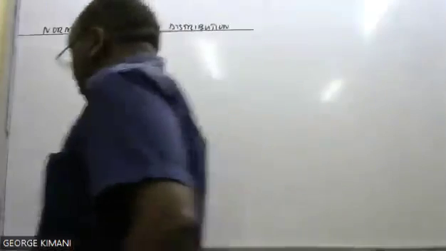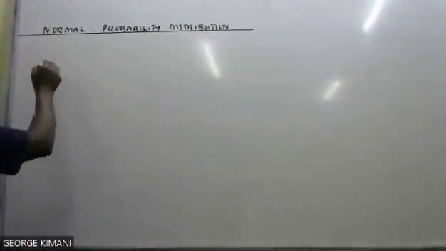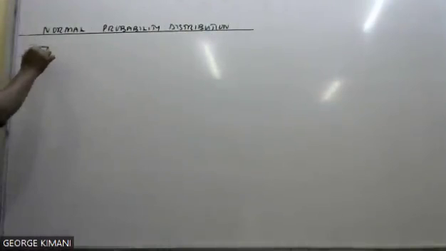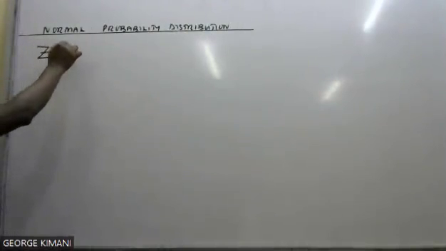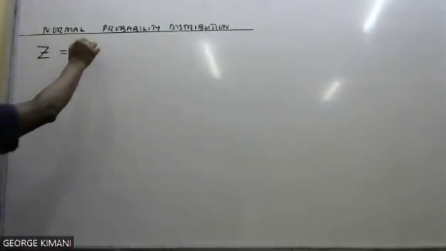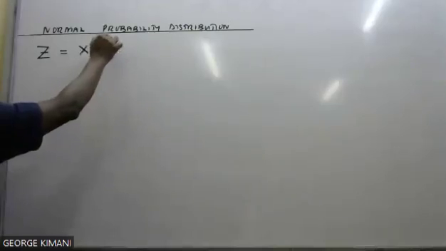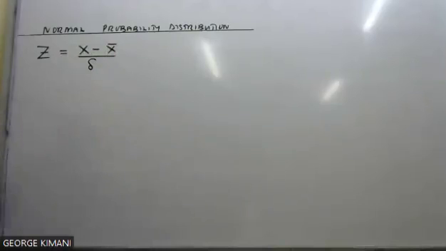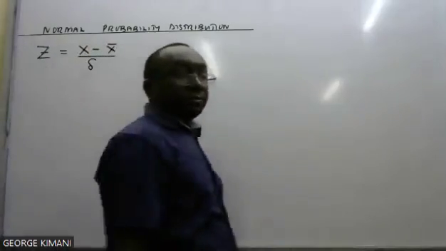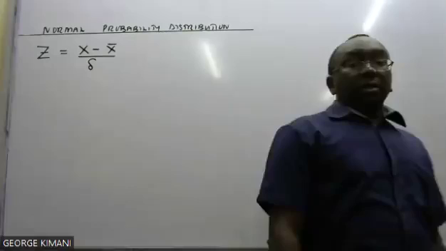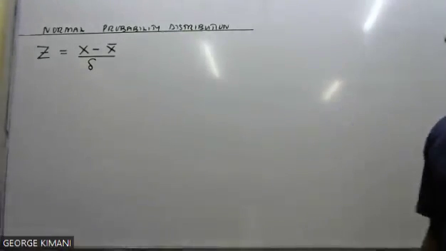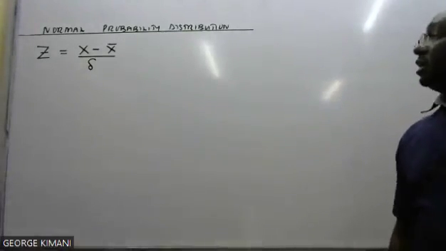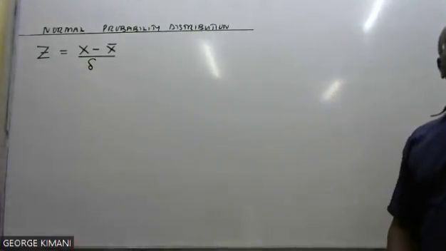Z is equal to X minus X bar divided by standard deviation.